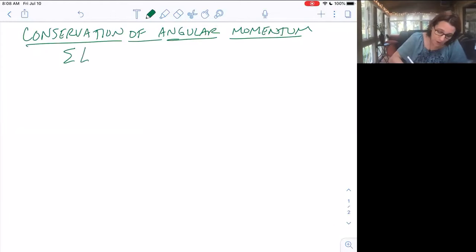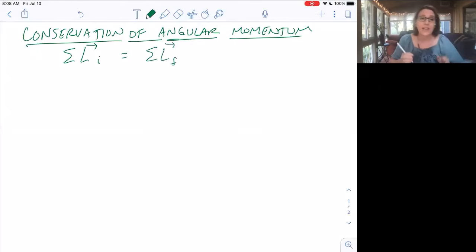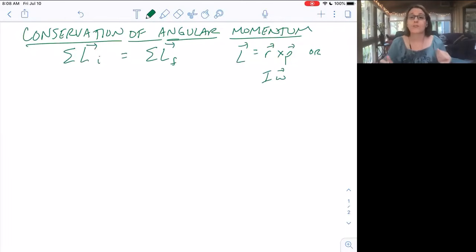So the sum of all initial angular momentums, which is capital L, of a system is going to be equal to the sum of all final angular momentums, again, capital L. And remember that L can be calculated from R cross P, for example, the airplane, or from I omega for something that already has some rotation.